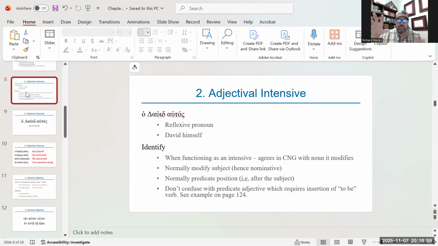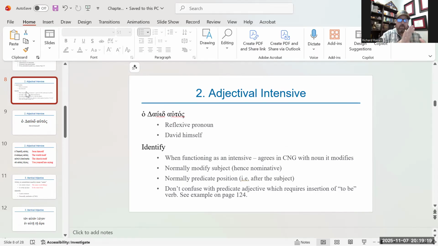Then you've got all the various parts of a predicate, like you might have a prepositional phrase or a direct object. But if you just look at a sentence in two parts, subject and predicate, you're typically going to find that the adjectival intensive is going to be in the predicate position. So it's going to follow the noun.